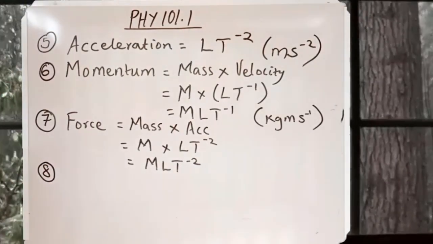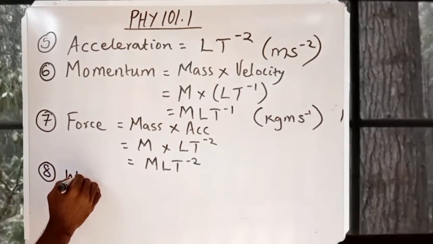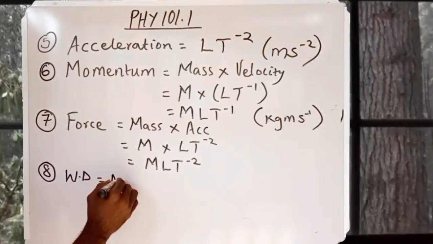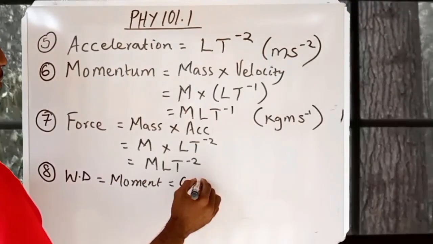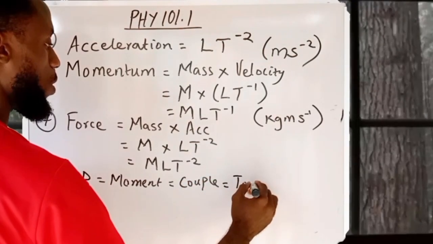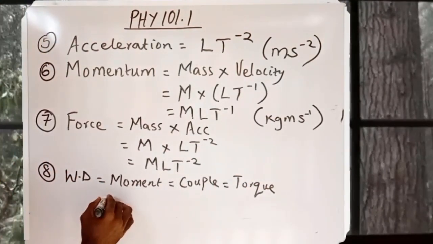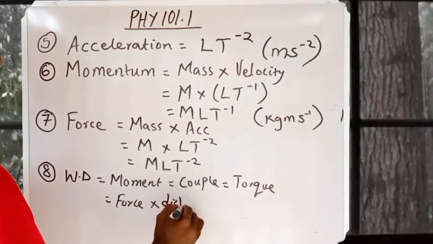The next set of parameters have the same dimension. The dimension is the same as when you're solving the dimension for moment, couple, torque. In all of them, we always do force times distance.